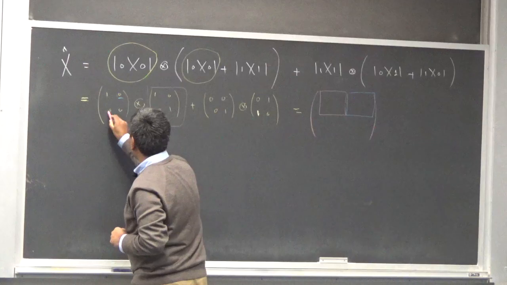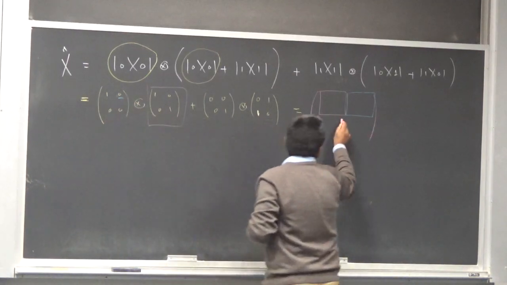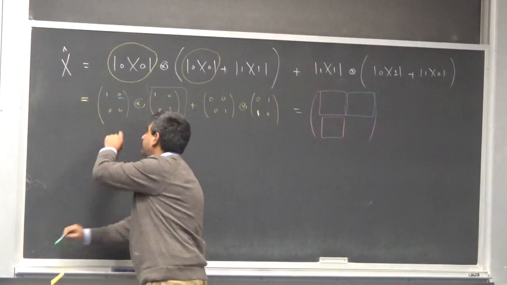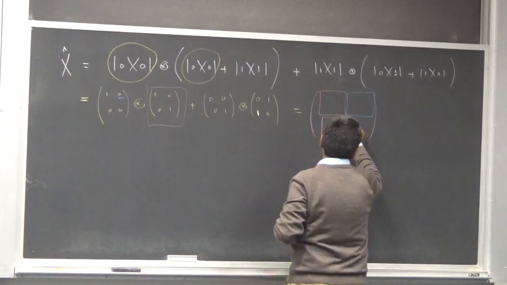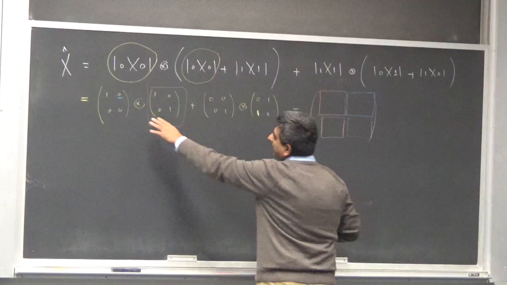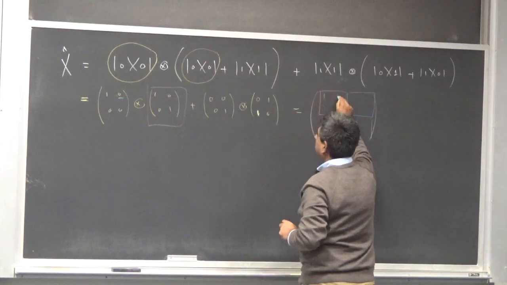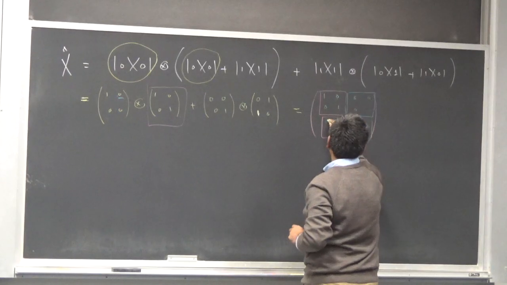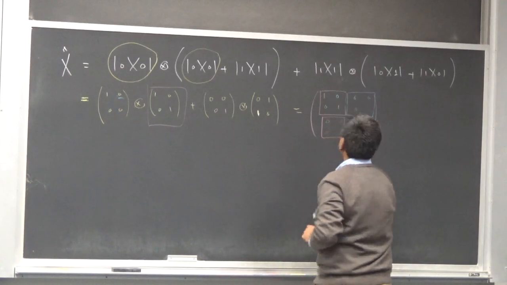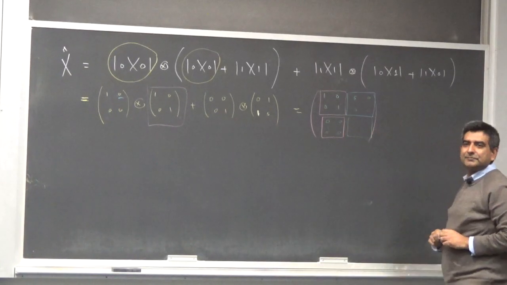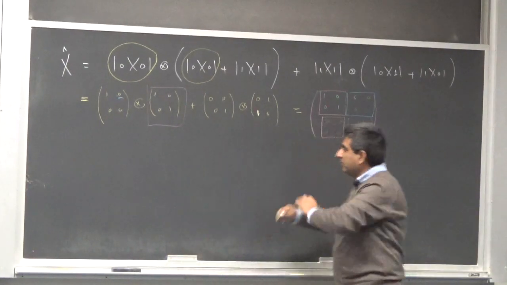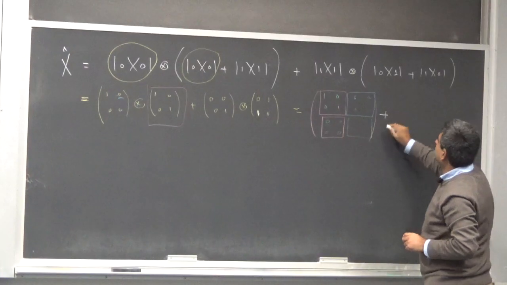Then I do this for multiply 0 with this thing. I get the third block. And finally, if I were to multiply this 0 with this, I will get the second block. So now 1 multiplied with this, I get 1, 0, 0, 1, and I get 0 everywhere else. Got it? So this is my new 4 by 4 matrix.